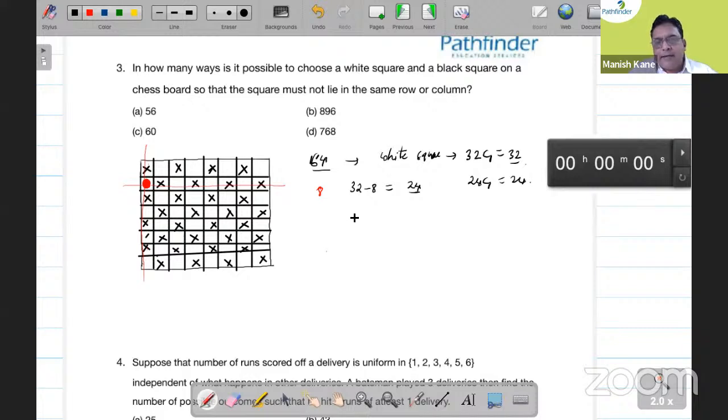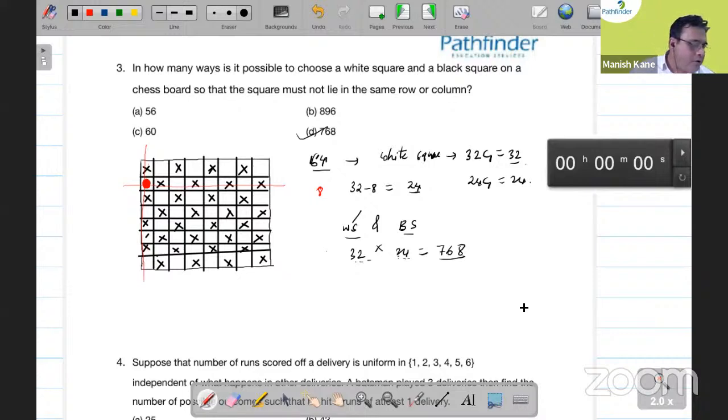And see, my task comprises choosing a white square and choosing a black square, and 'and' is replaced by a multiplication sign. So 32 into 24, 4 2s are 8, 12, 4 16, 6 carry over 1, 2 3s are 6, 6 and 1, 7. So 768 is your answer.